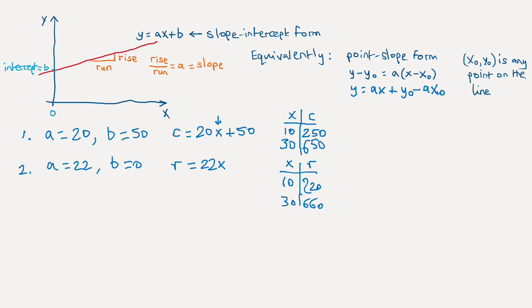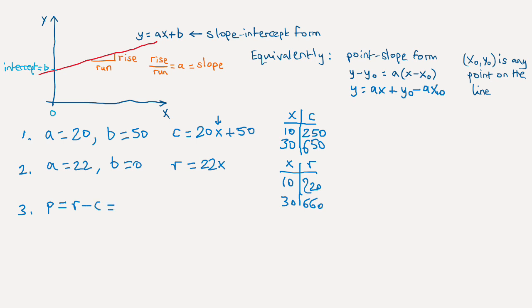Let's think about profits now. So profits are going to be the difference between revenue and cost. So I could think of a profit function, which is going to be the revenue function minus the cost function.